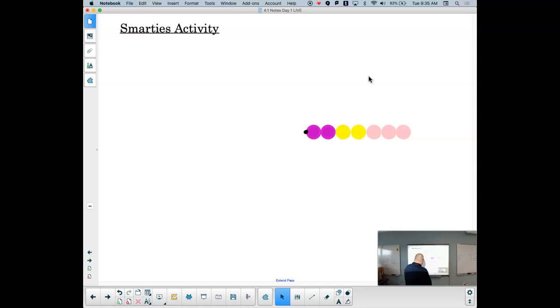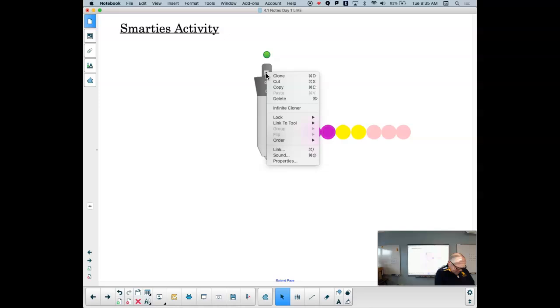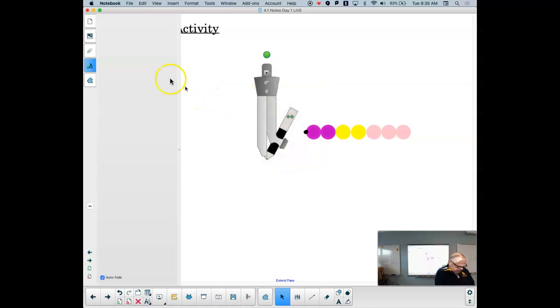Okay? I have the luxury of having a compass, if I can find it. There it is. But I have properties. I'm going to go into properties and change my color. Or not.